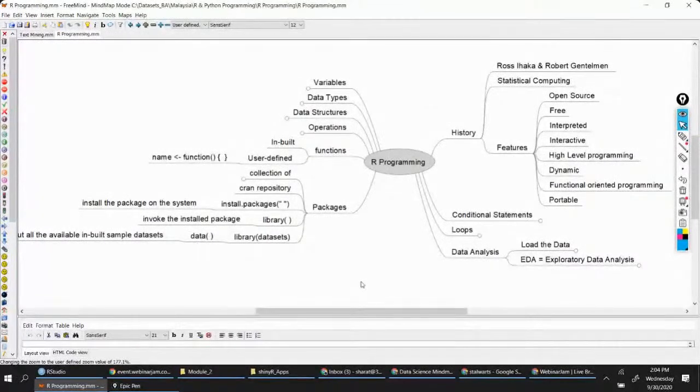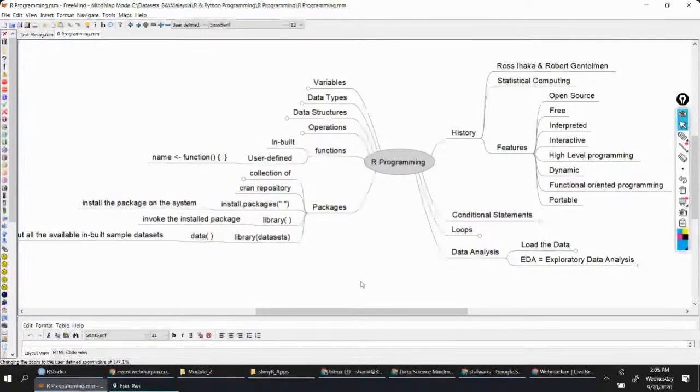Then we started dealing with data frames and data sets. Thanks to these inbuilt packages, we also have data available for our practice. So data sets are provided to us, and we're using all these inbuilt data sets.